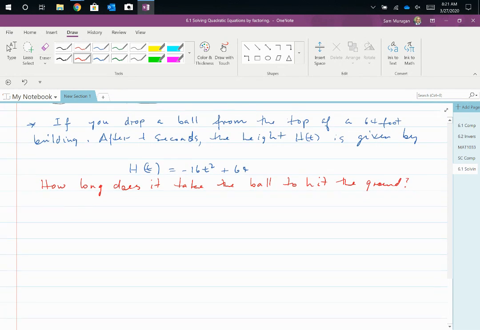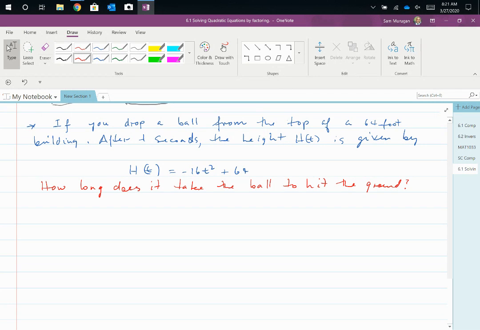So the height of the ball when it hits the ground is equal to 0. So we're talking here about hitting the ground, the height h(t) equals 0. So in order to solve this for time, we would set negative 16 t squared plus 64 equals 0 and solve it.